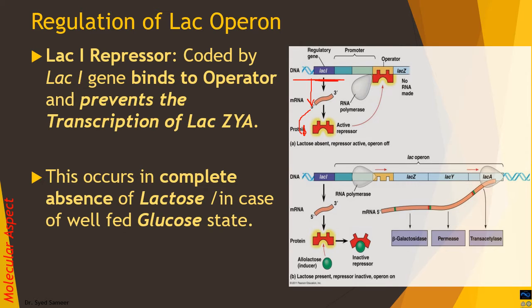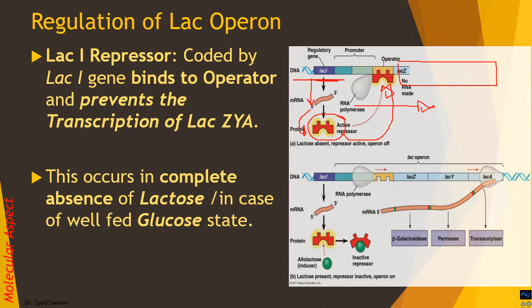This protein is functional as a dimer, two subunits of the same protein. When functional, it binds to the operator region of this operon. By binding to the operator region, it prevents the RNA polymerase from promoter clearance and hence the movement and expression of the Lac-Z structural gene.